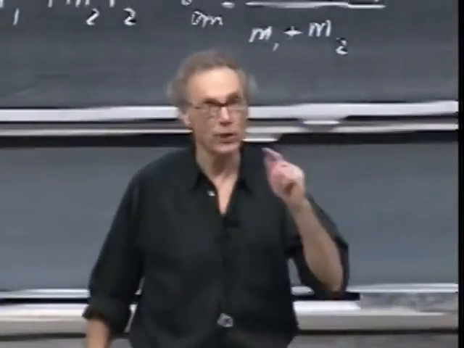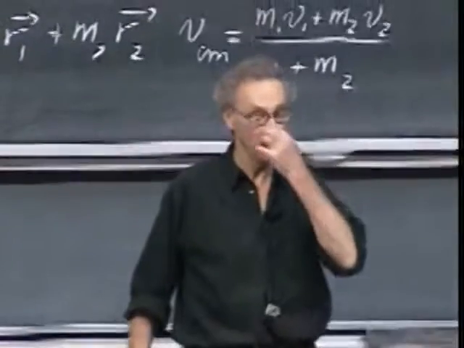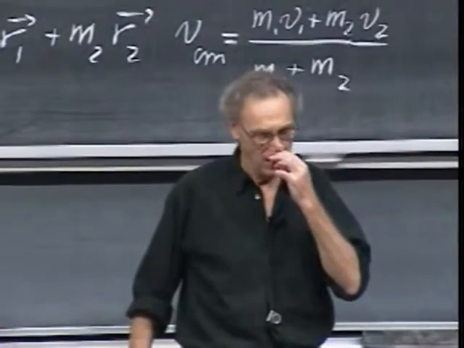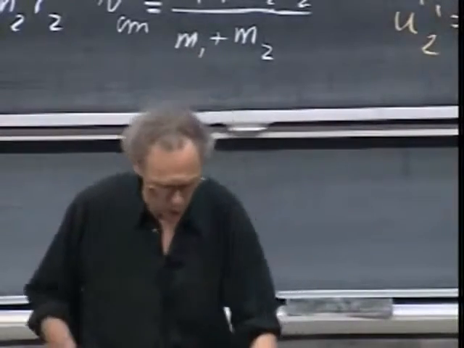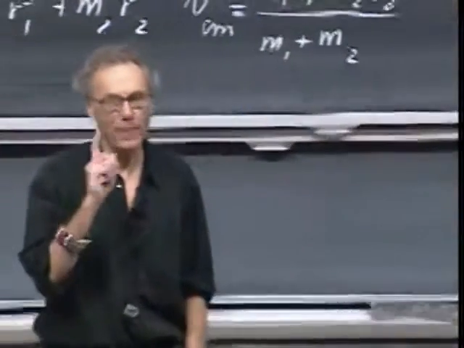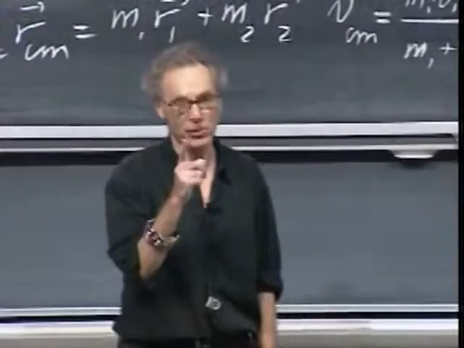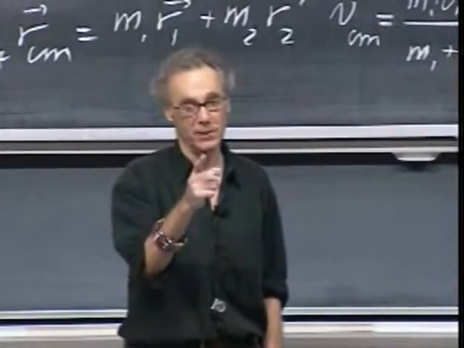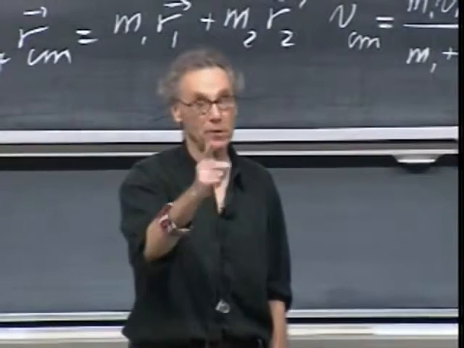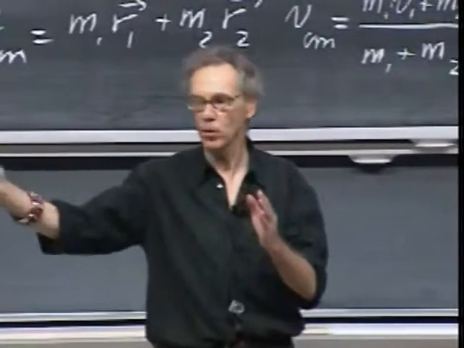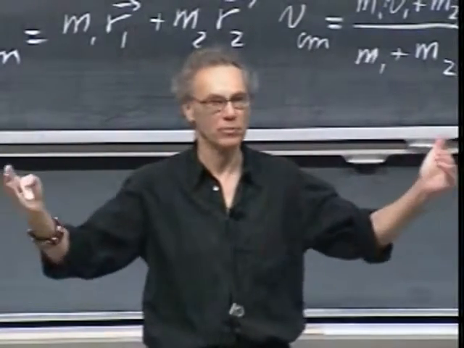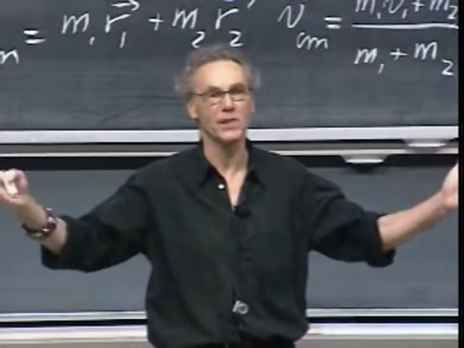And now comes another unique property of the center of mass. If I have a completely inelastic collision, then all energy in the center of mass frame is lost. That's obvious. In the center of mass frame, remember, momentum is zero. One particle comes to you, and the other comes to you. You're not moving, you're in the center of mass.